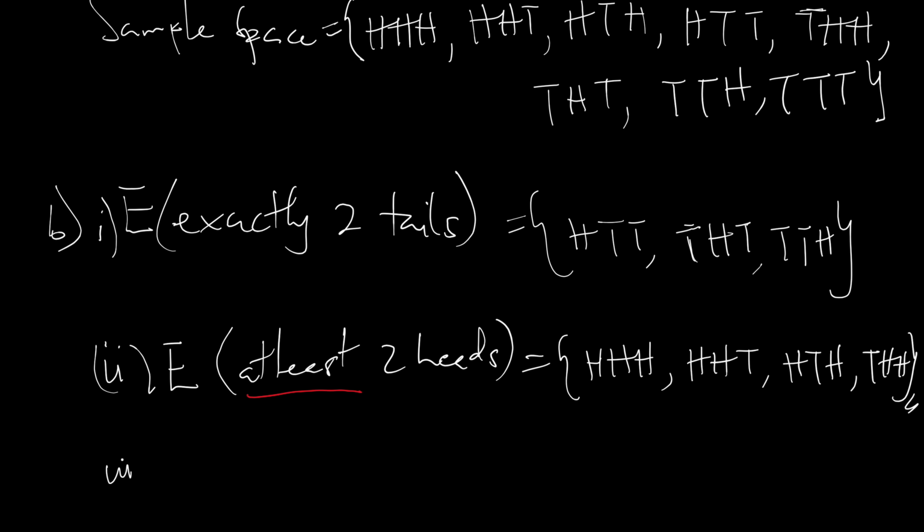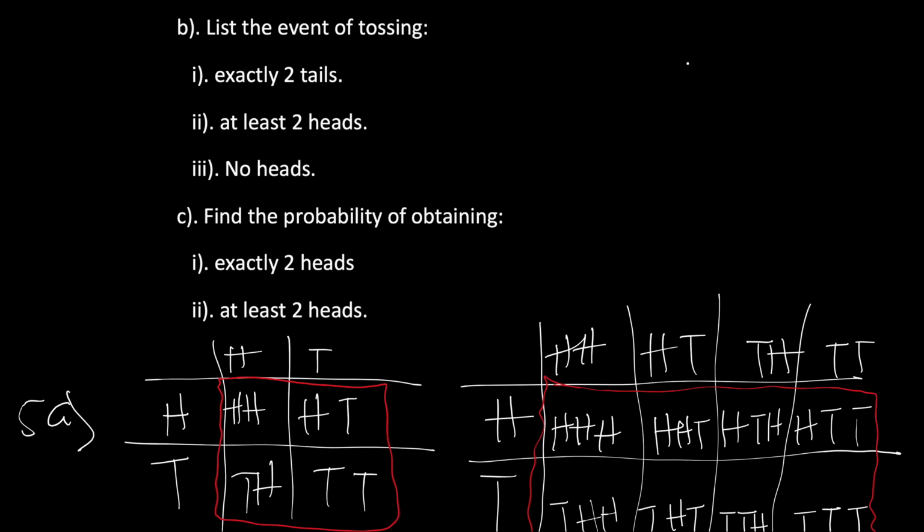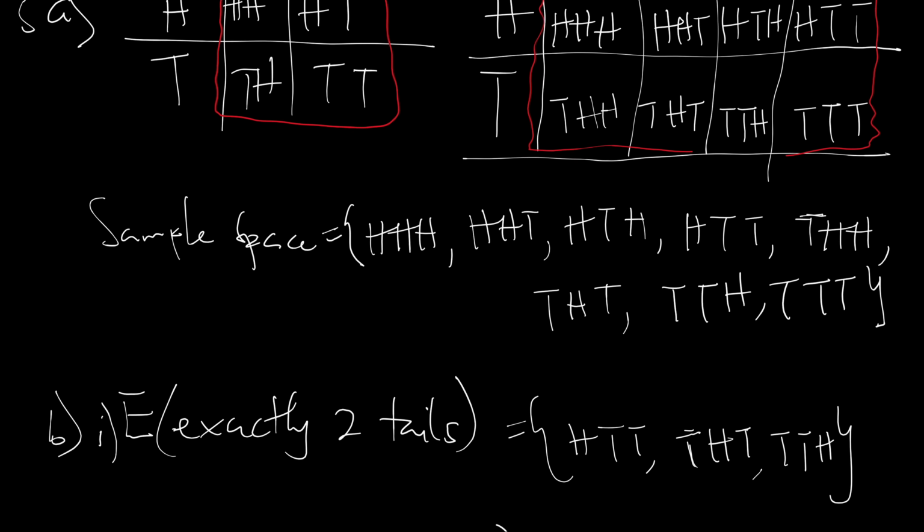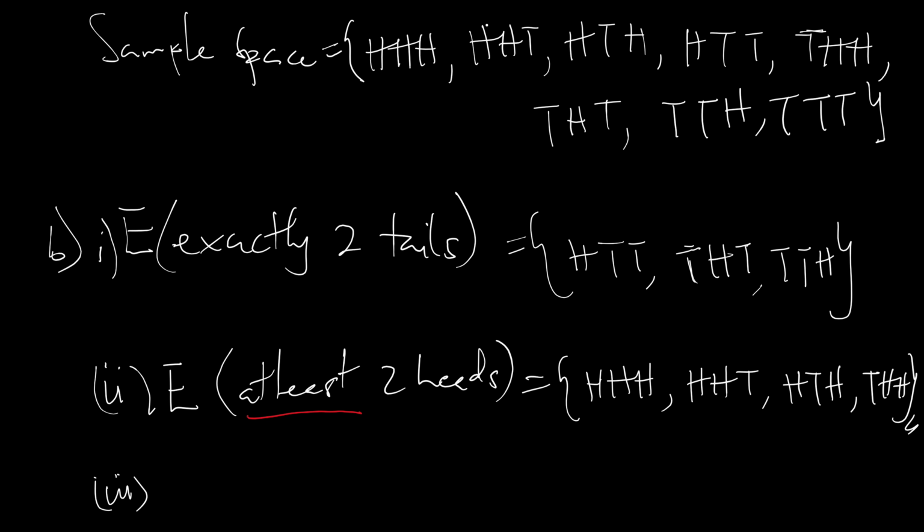Now iii. Find the event of obtaining no heads. So there's a head here, so this is out.